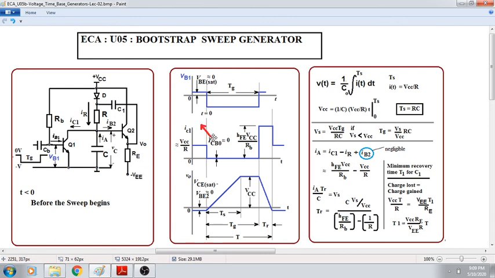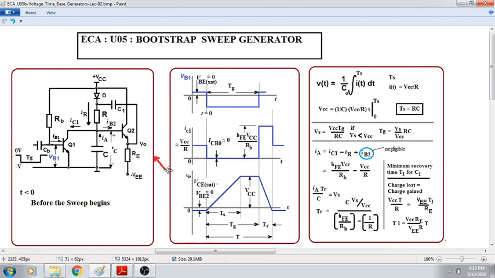Now I'll show you how that is reflected in the graph here. In this graph, don't worry about all the other things shown here, you will understand them very quickly. So here, this is the starting point, this is t equal to 0. We have only analyzed up to this point, we did not cross this line. So before t equal to 0, the base voltage happened to be VBE saturation, and the collector current for Q1 happened to be VCC by R. This we proved.